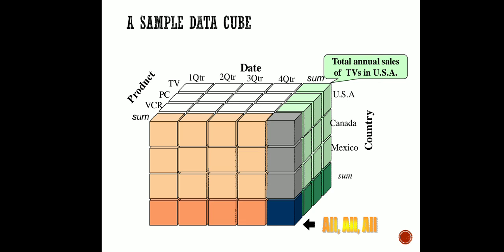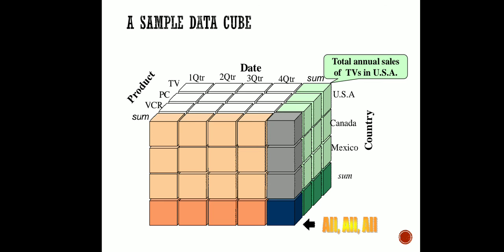Now you can see there are some specific areas dedicated for some purposes. If you focus on this dark blue area, we are going to find out the sale of all 3 products in all 4 quarters in all 3 countries. Am I clear? This dark blue area will specify the sale of VCR, PC, TV for USA, Canada, Mexico in all the 4 quarters.